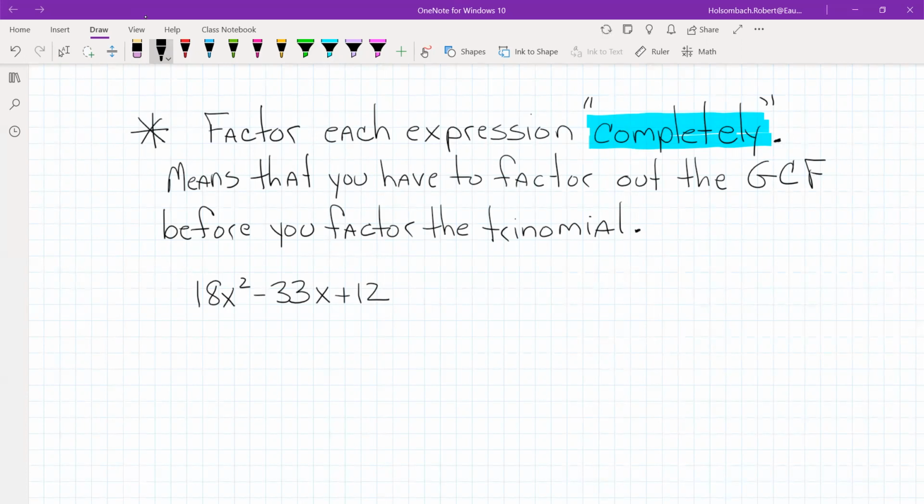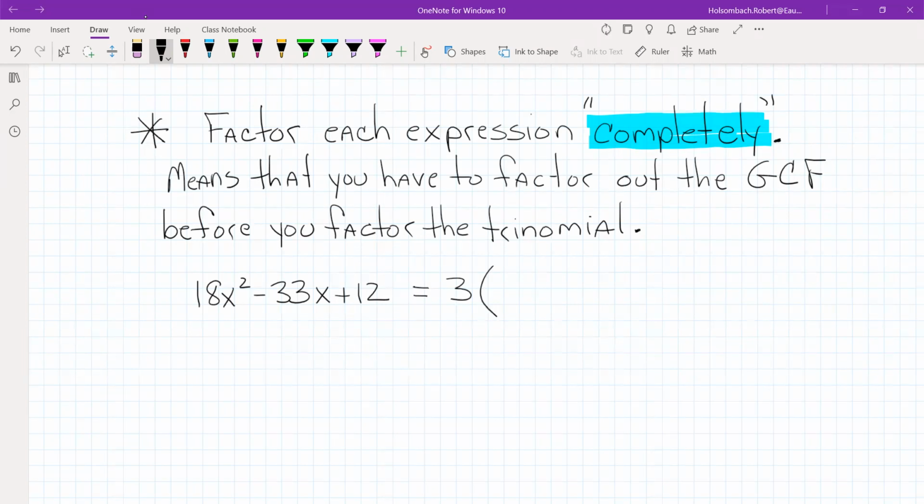That's the largest number that goes into each of those evenly. All right, now I see it as being a 3. So we're going to factor out a 3 first.